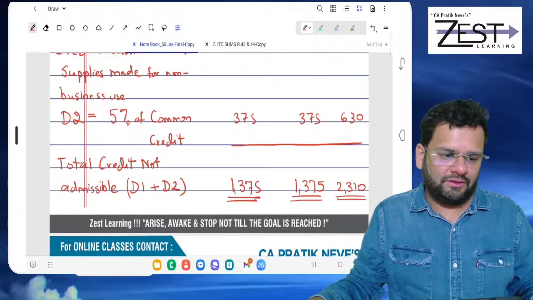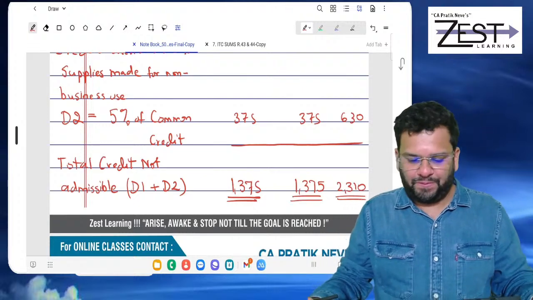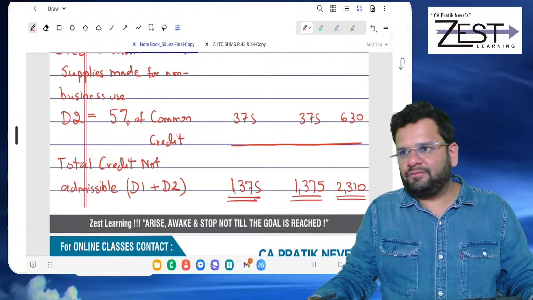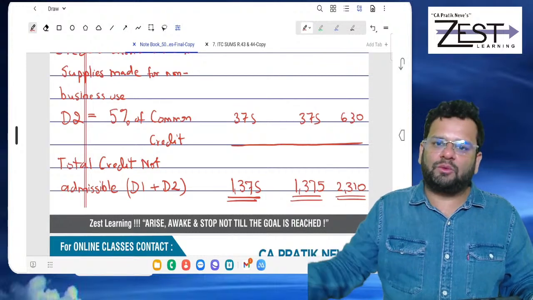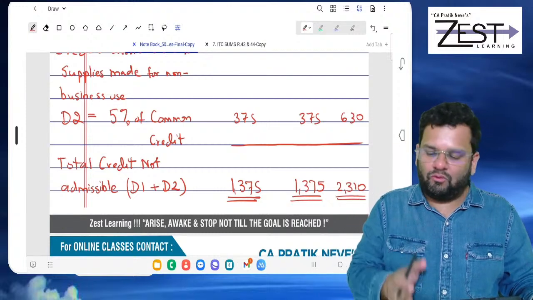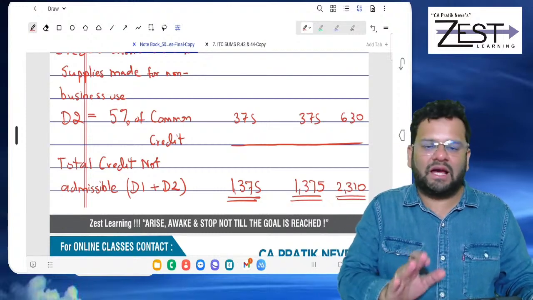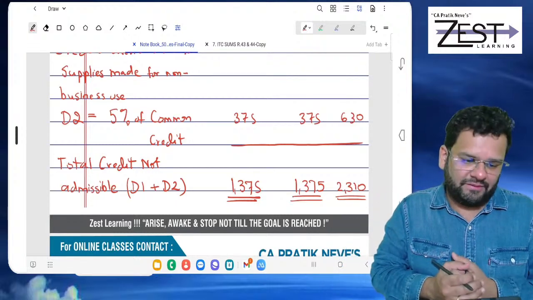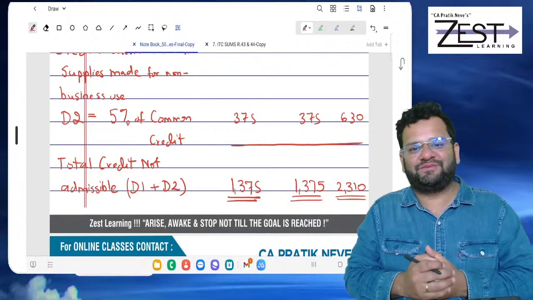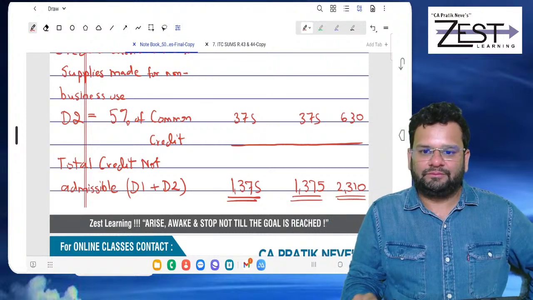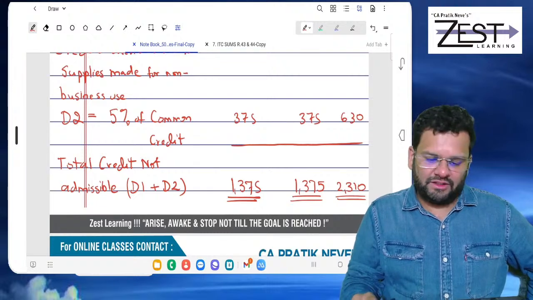It may be asked, and I'll immediately show you a TYK question where you will have to identify yourself what is exempt, what is taxable. I'll show you. But let us enjoy the process, friends. Let us enjoy the process. That's what I will tell you. Shall we go ahead?